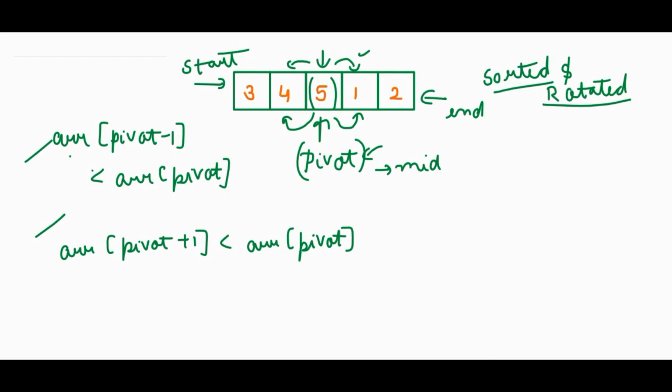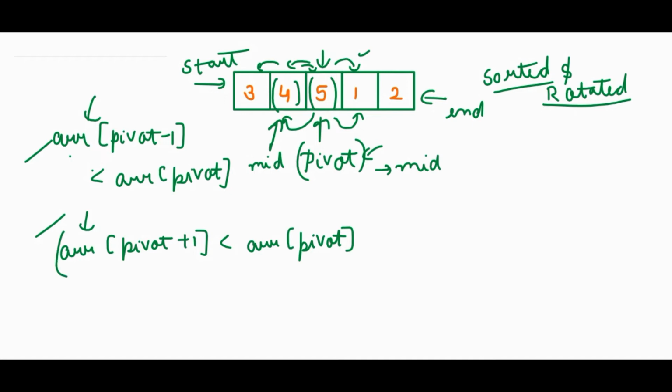So let's say at a certain point our mid is pointing to 4. Can we say 4 is the pivot? The two conditions that we have seen are this and this. So 3 is less than 4, but 5 is greater than 4.